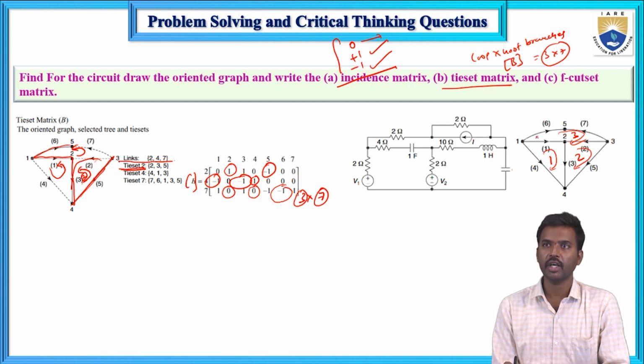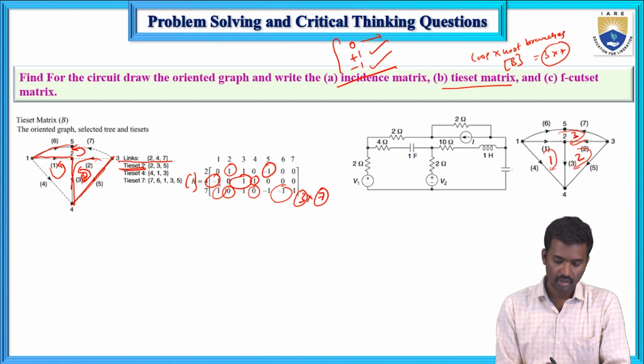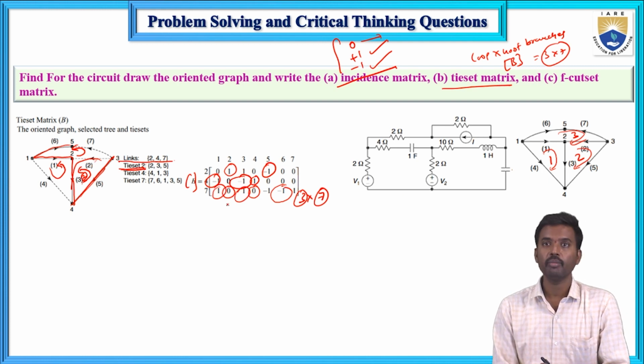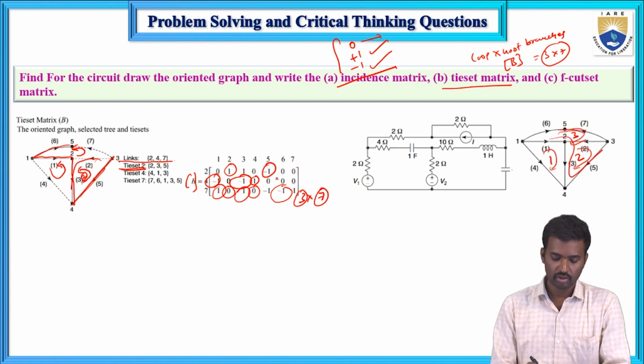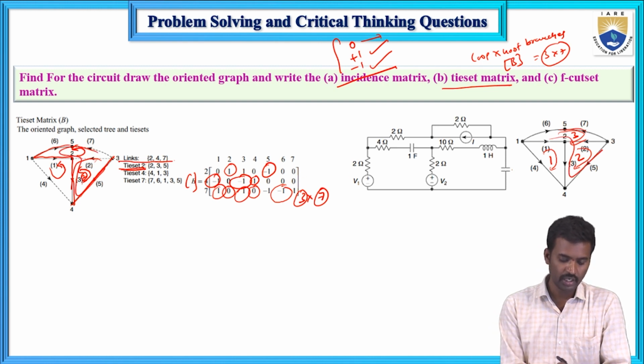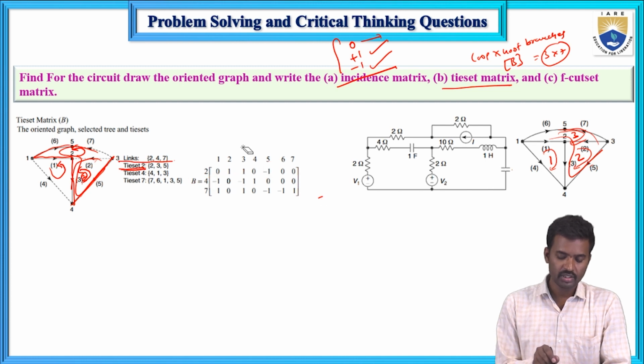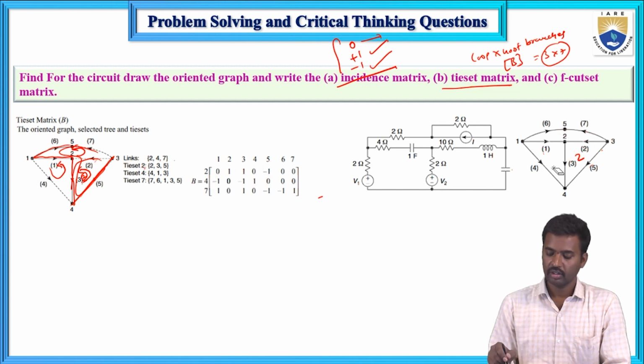Next, 1 is the same direction, and third is the same direction, +1. Next, the 5th is opposite direction, it is flowing in this direction, means this is minus, and 7th is the same direction, +1. So now this is the loop matrix for this particular graph.